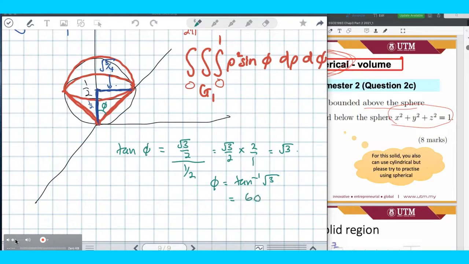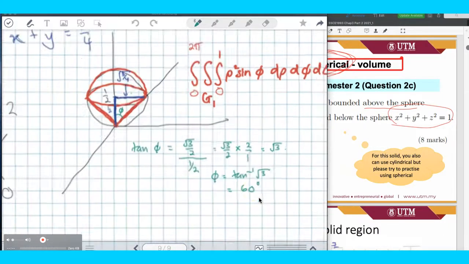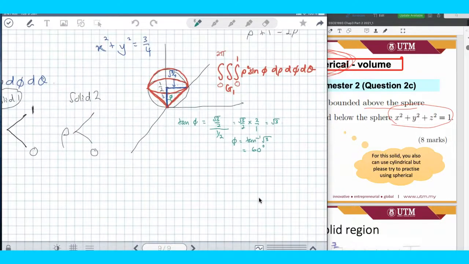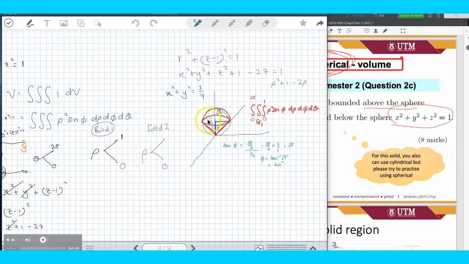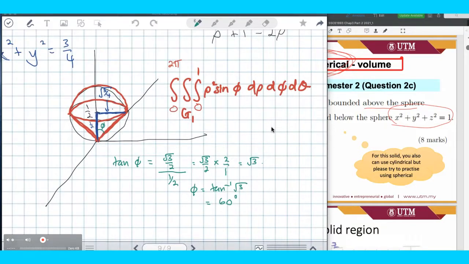I set it to degrees, put in the inverse tangent of square root 3, and the answer is 60. So phi for this cone is 60 degrees. The limit of phi for the first solid is 0 to pi over 3, because pi over 3 gives you 60.